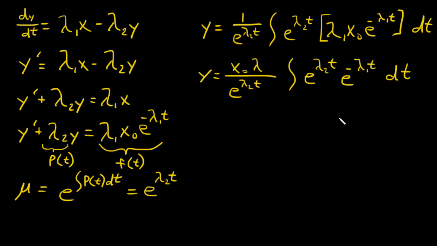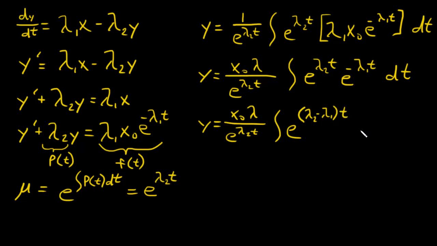Now, you can already see what's going to happen. I'm going to combine these and get y equals x naught lambda 1 over e to the lambda 2 t times the integral of e to the, here we go, parentheses, lambda 2 minus lambda 1, t dt. Now I can do this one. This one's not too bad.